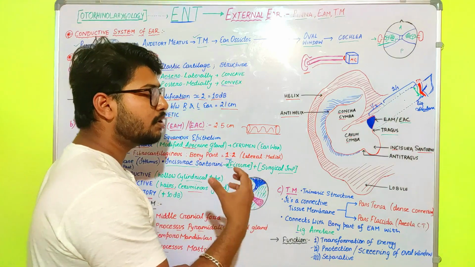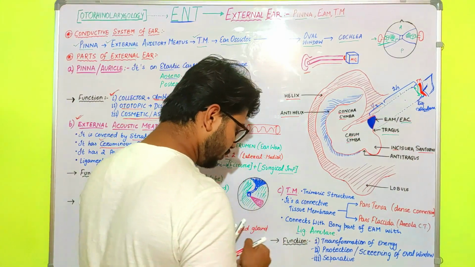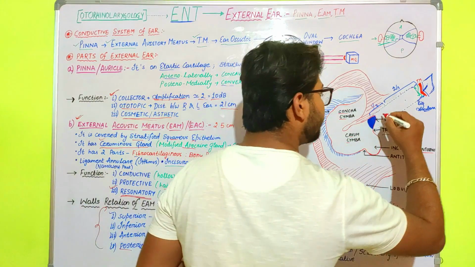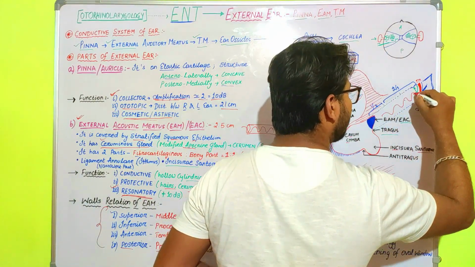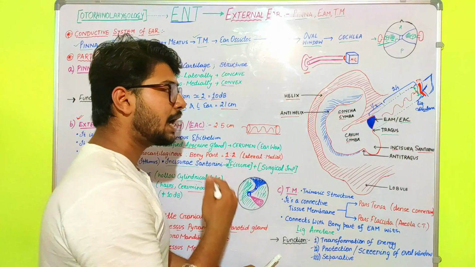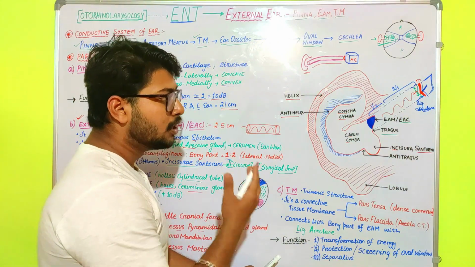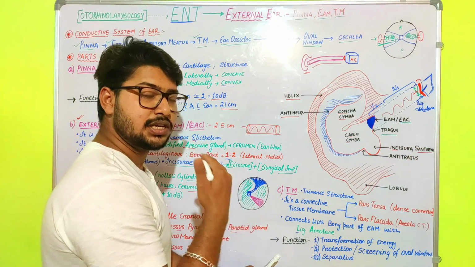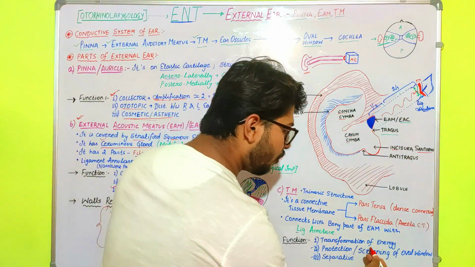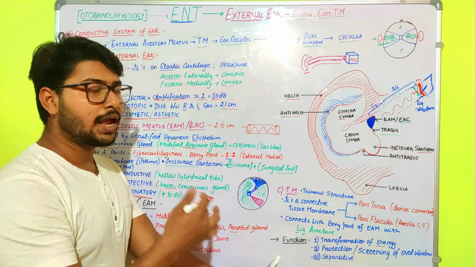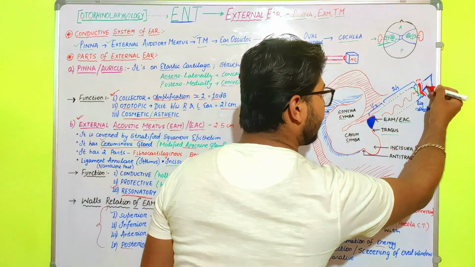So when the sound wave comes in this direction, it will put pressure on the tympanic membrane, and that pressure is going to vibrate the tympanic membrane, so that there will be a transformation of energy from sound energy to mechanical energy.